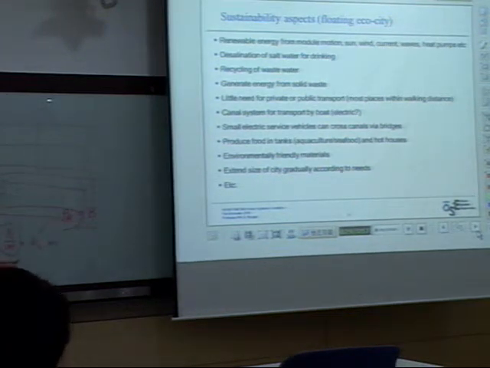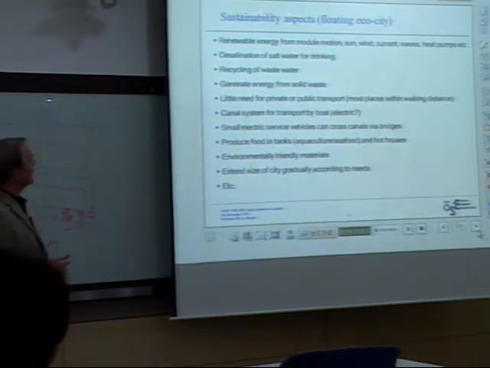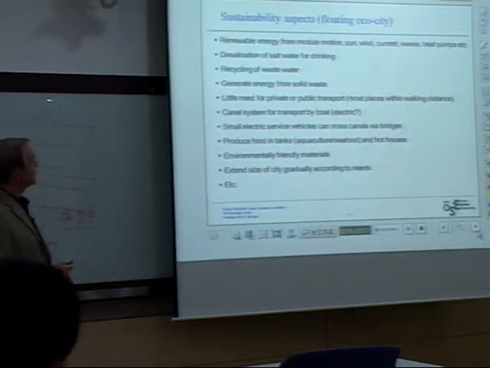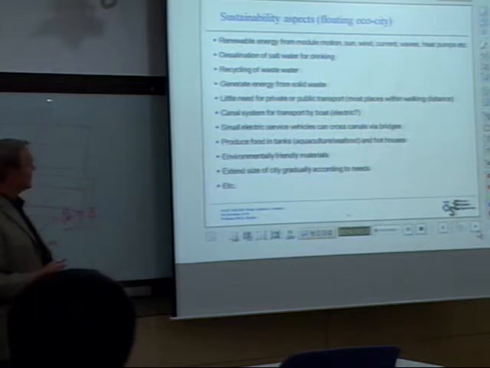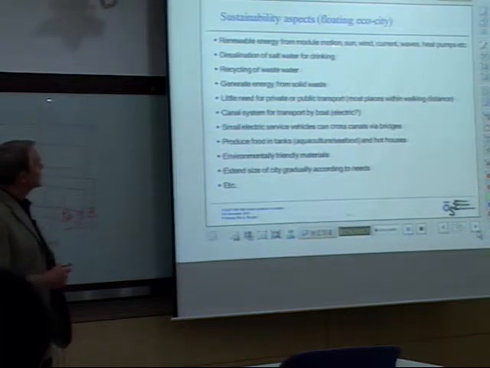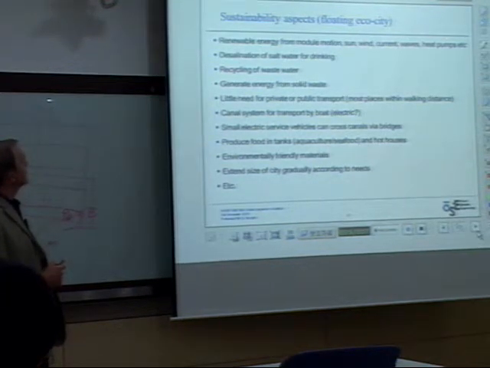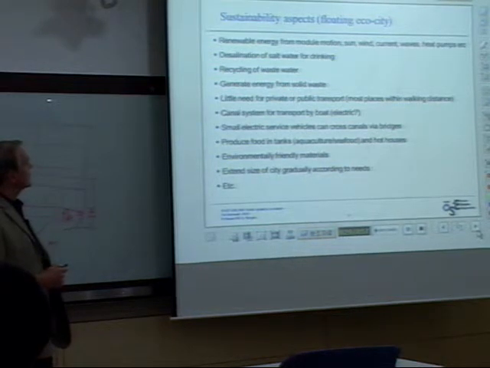And of course, if you want to build a city on water, you would like it to be environmentally friendly, an eco-city, for instance. So one could go for renewable energy. We have talked a lot about that in this course. So we can use wave energy via the motion of the modules, sun, wind, current, heat pumps, desalination of water for drinking, recycling of water, generate energy from waste.